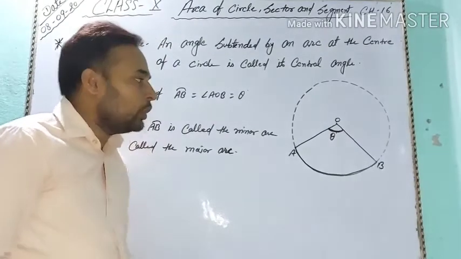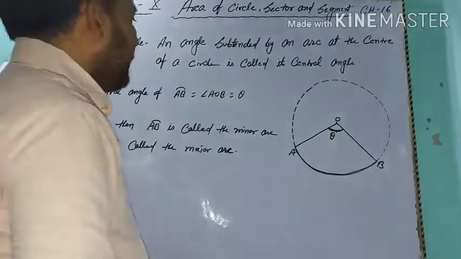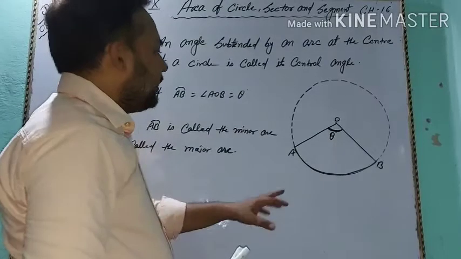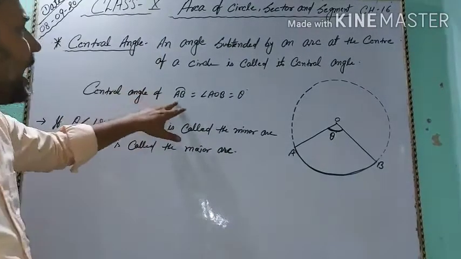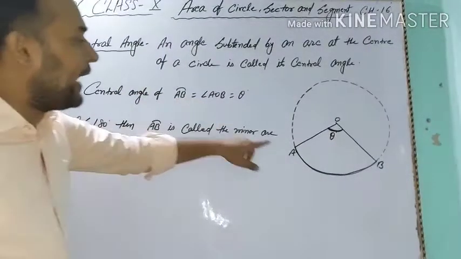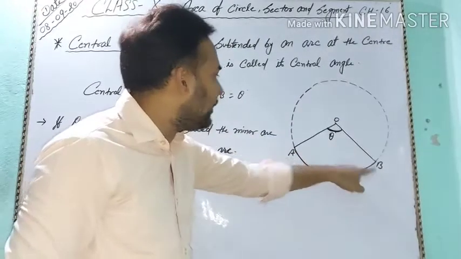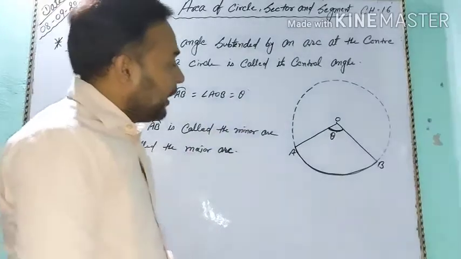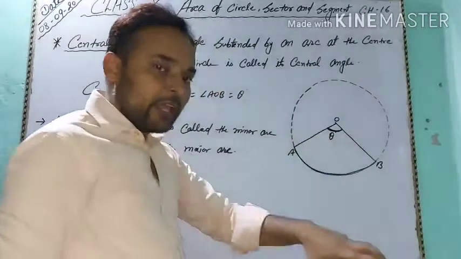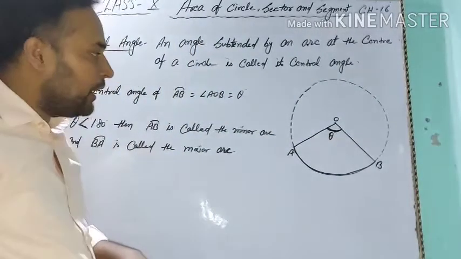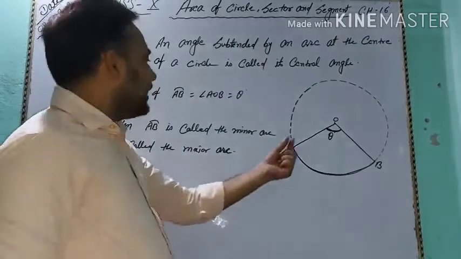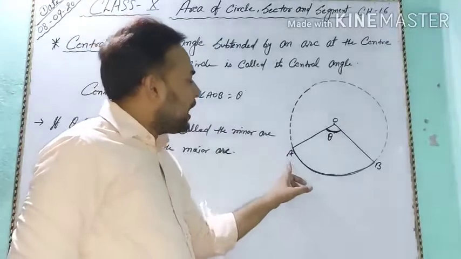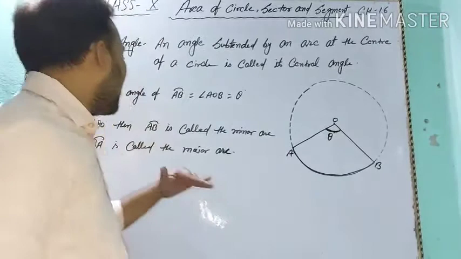So the central angle of arc AB equals angle AOB equals theta degrees. Students, if angle theta is less than 180 degrees, then the arc is minor.